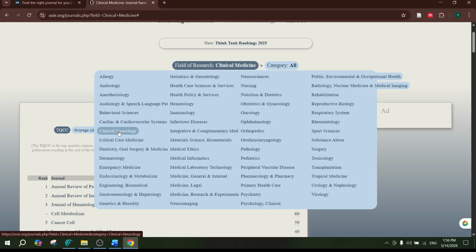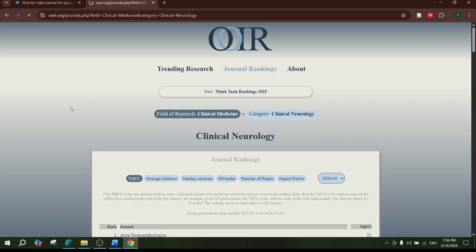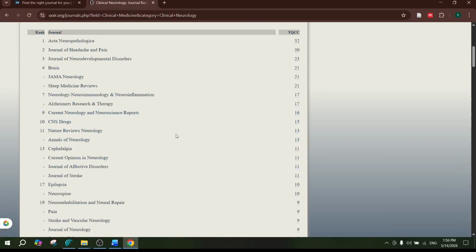I would prefer neurosurgery. I can't see it; it's not present here. Neuroscience and clinical neurology. Maybe clinical neurology includes neurosurgery journals. So let's see.